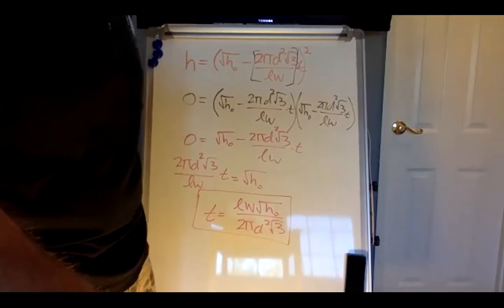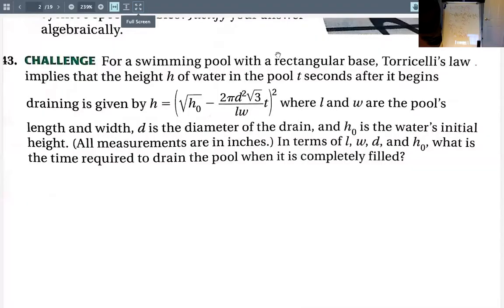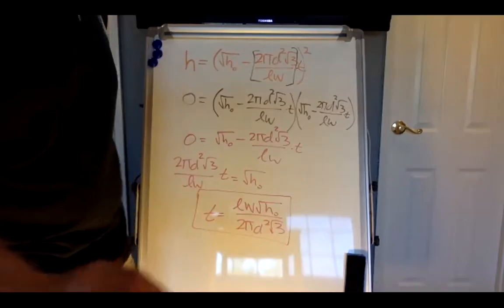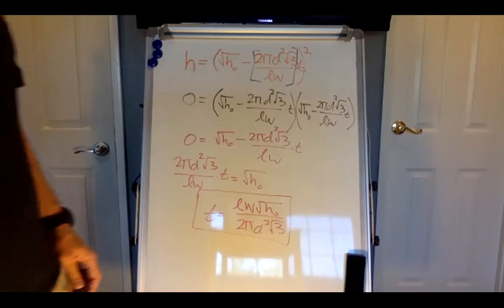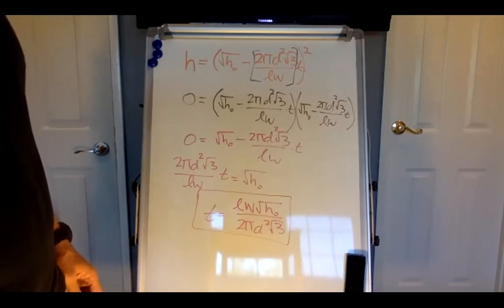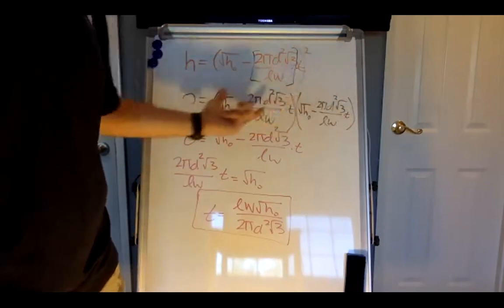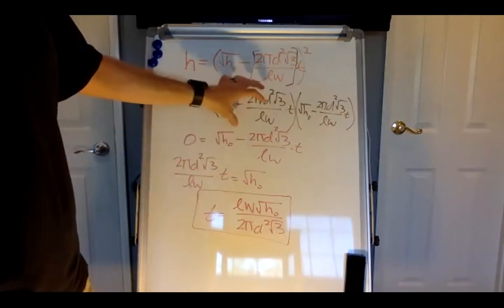Oh wait, Mr. Rosenthal, how did you used to have rad h naught minus 2 pi d twice? How did you get rid of one of them? From the second step to the third step. Because all you need is one of these groups to be equal to 0. They're both the same group.